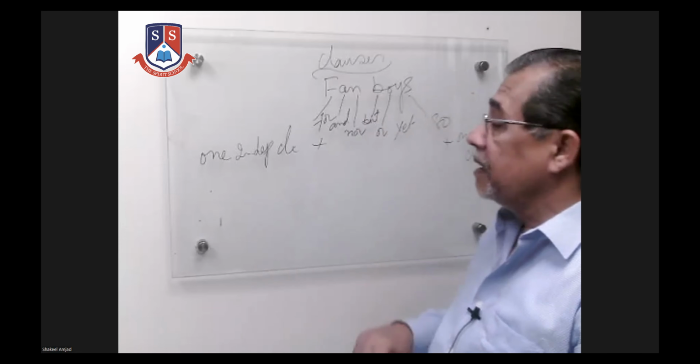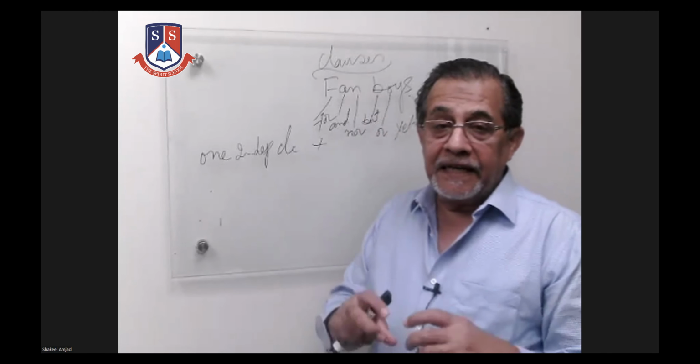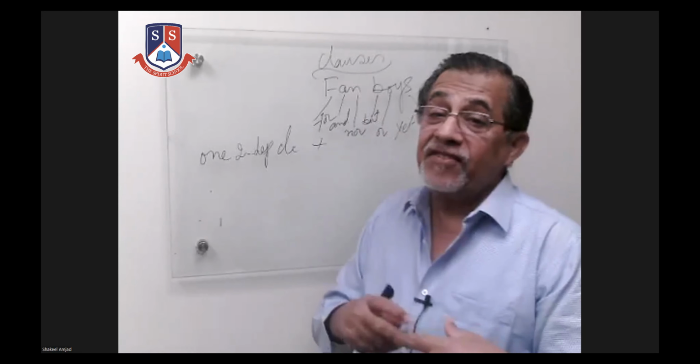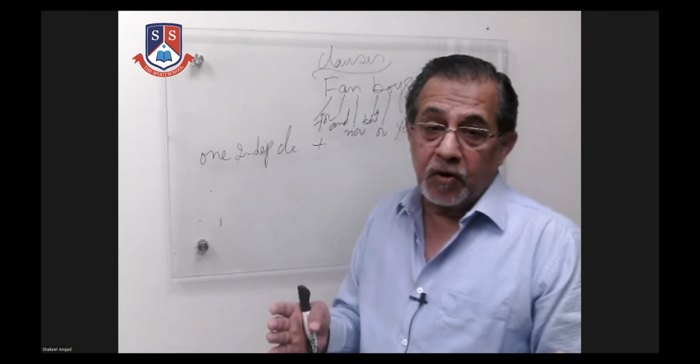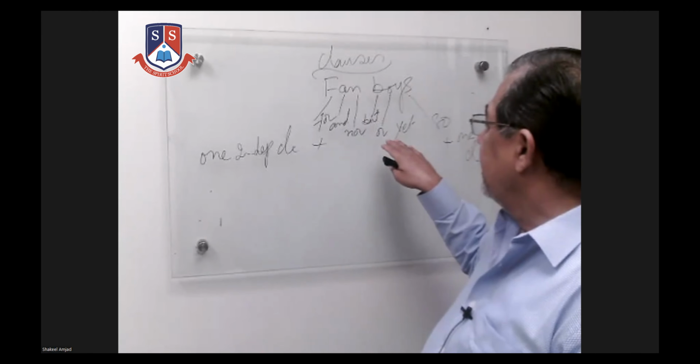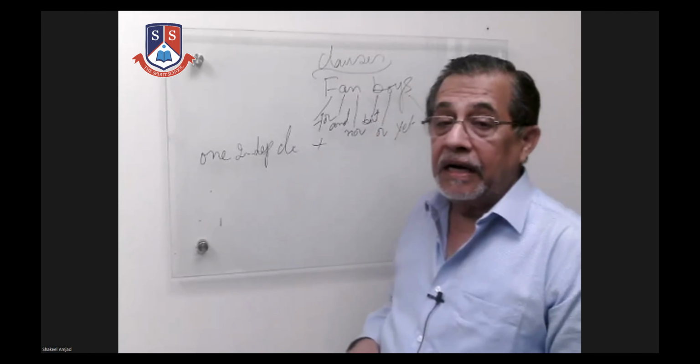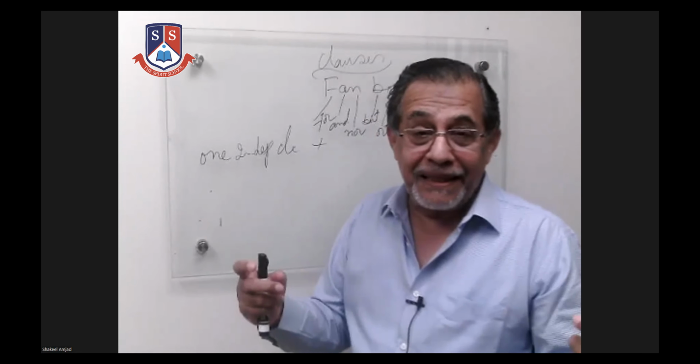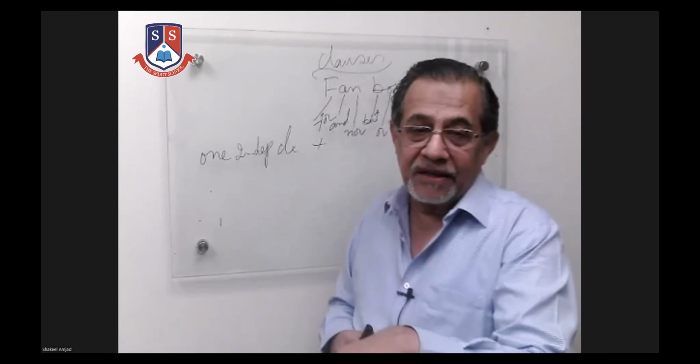And when we come to but, it introduces an opposite idea, a contrast from the first clause. And when we add or, it shows alternative possibility, either this or that, right?